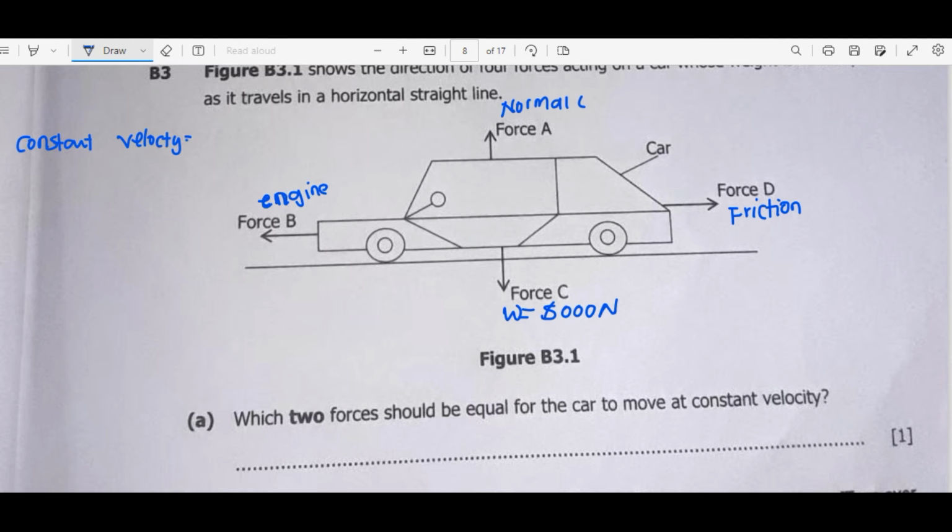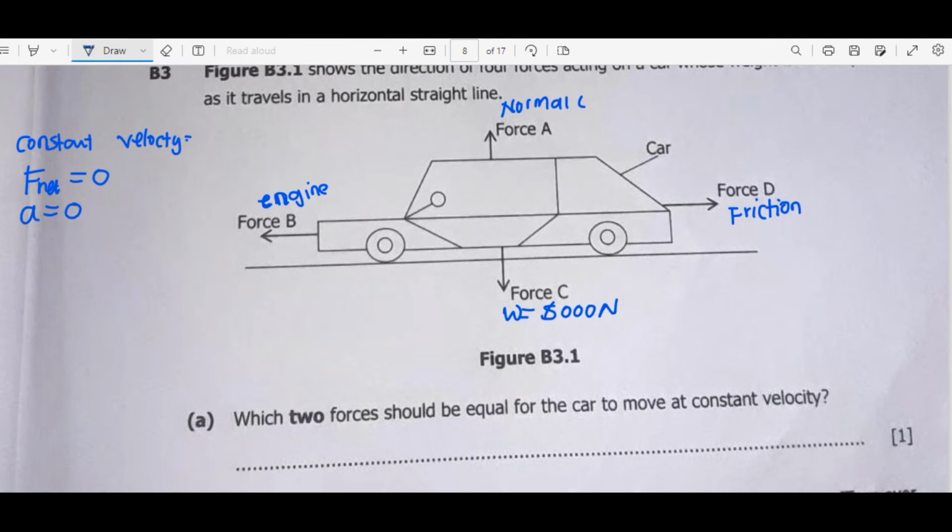Now there are conditions that you need to know for this to be achieved. So what are we supposed to do? We know that the net force must be equal to 0. Then the acceleration must also be equal to 0. So whenever we have an object moving with a constant velocity, the net force is equal to 0, the acceleration is equal to 0. Why do we say so?